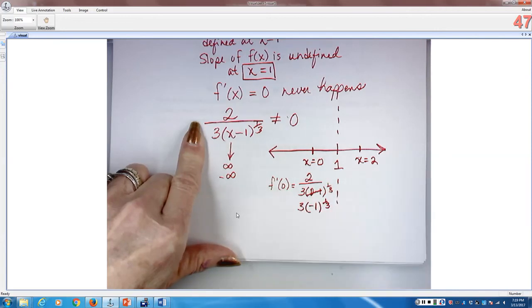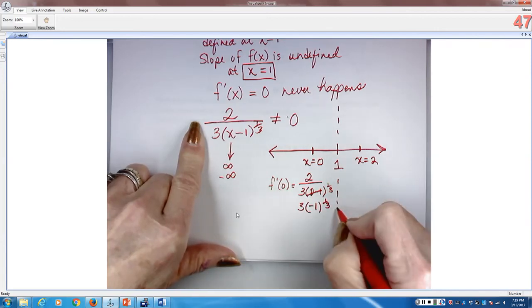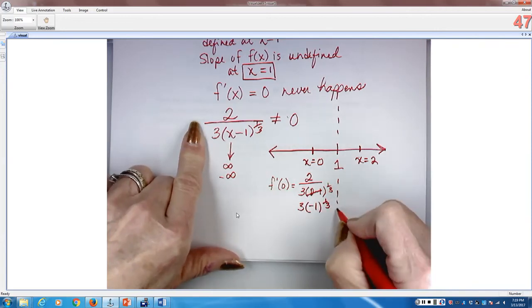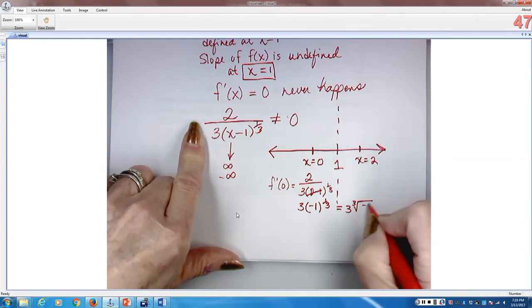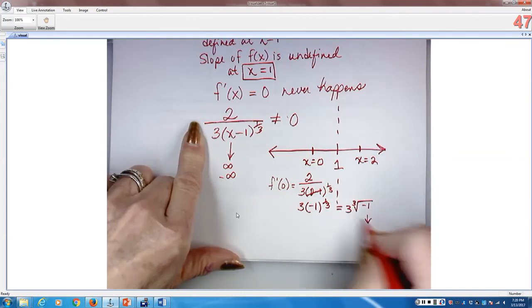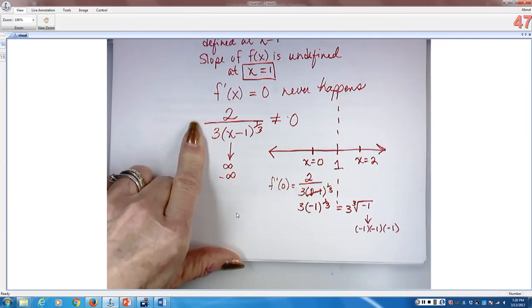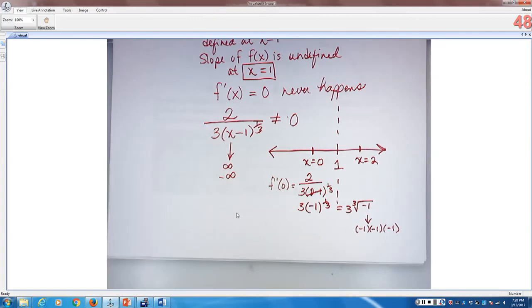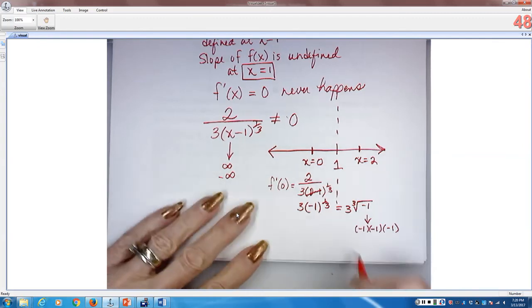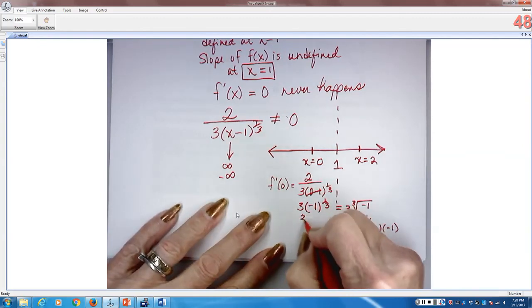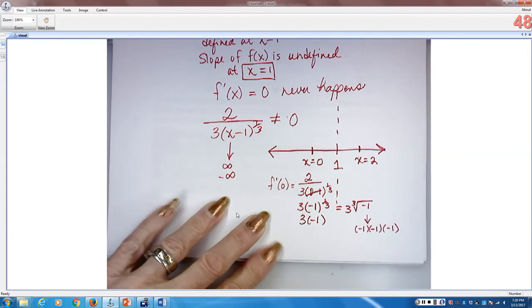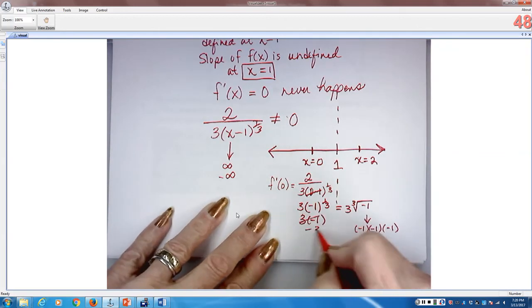And 3 times negative 1 to the 1/3 power is the same as saying 3 times the cube root of negative 1. And because negative 1 can be cubed, the cube root of negative 1 is negative 1. And 3 times negative 1 is negative 3.